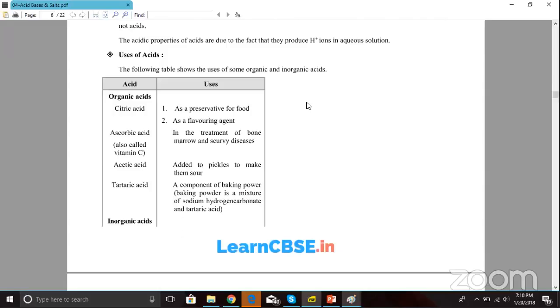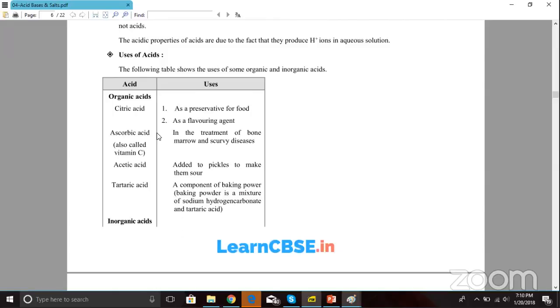Then comes the uses of the acids. Some of the uses of the organic and inorganic acids. The organic acids first. Organic acids are those which we get from nature. Citric acid is used as a preservative for food and also as a flavoring agent.